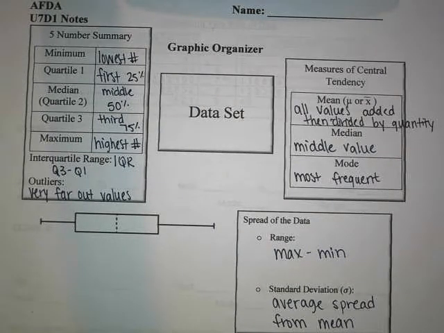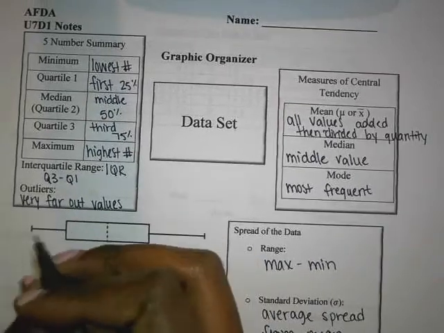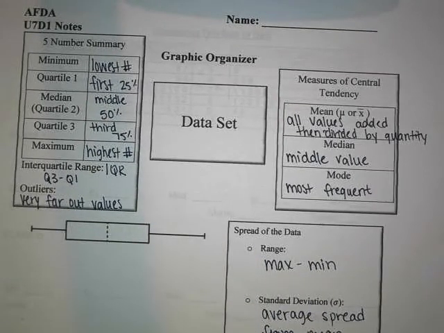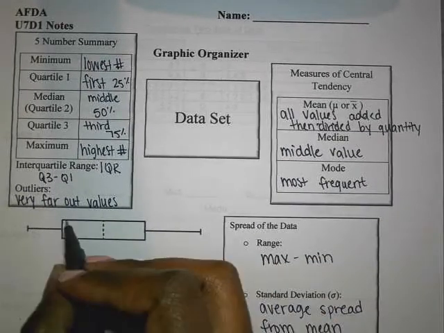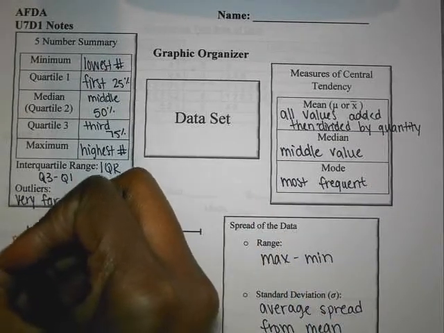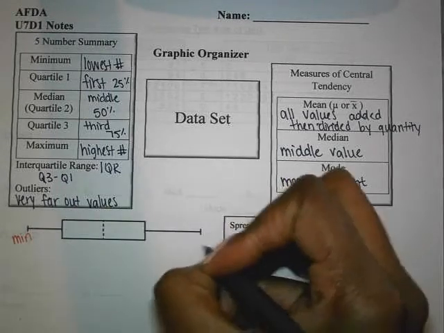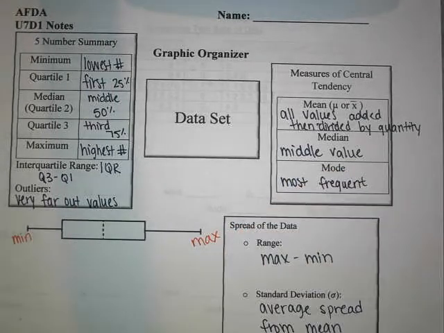On this box and whisker plot, we can fill out what we know, based on the data that we will receive. These 2 lines here represent your whiskers. So to the far left would be your minimum, to the far right would be your maximum.